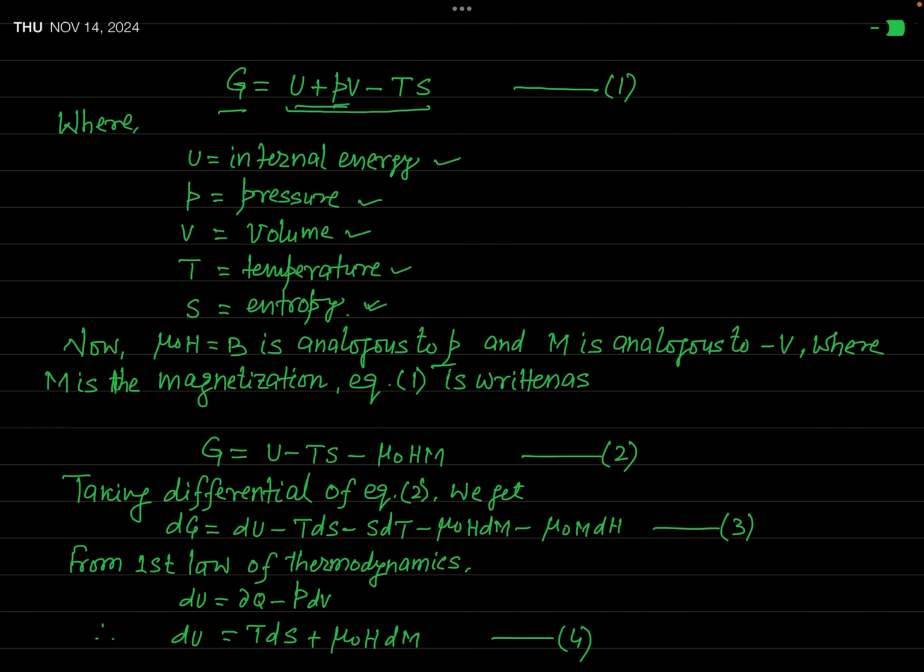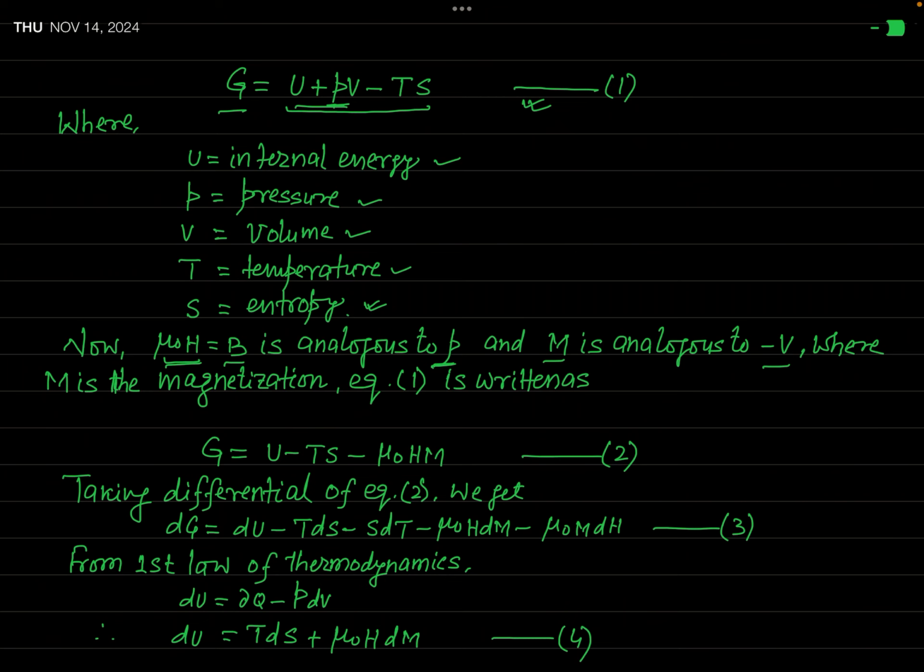And the magnetic induction B is equivalent to that, and B is equal to mu naught times H. So for the superconducting phase transition, we will replace the pressure P by mu naught times H. This mu naught H is analogous to P. Similarly, the magnetization M is analogous to minus V, the negative of volume.